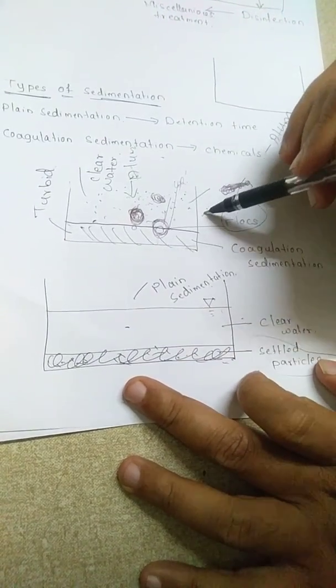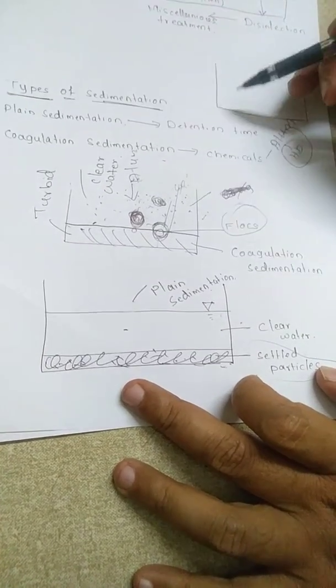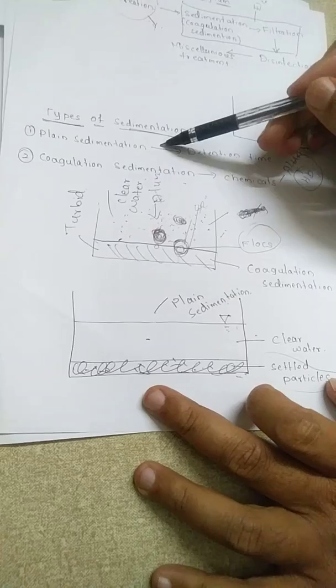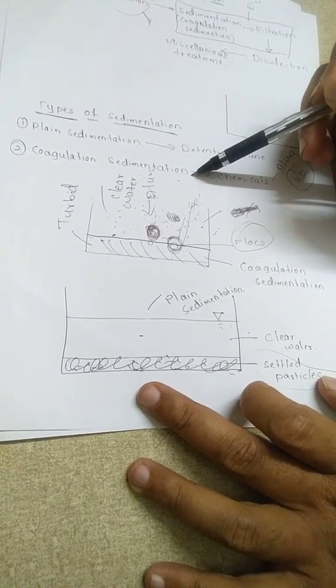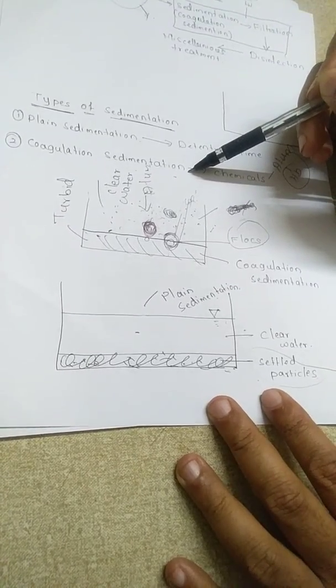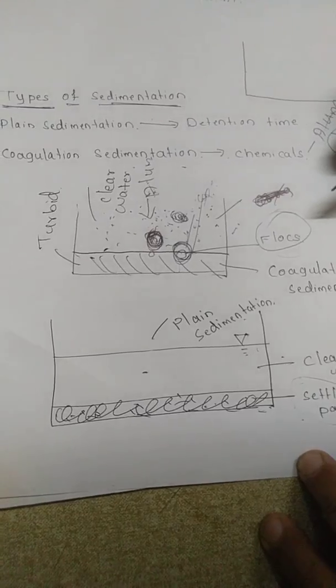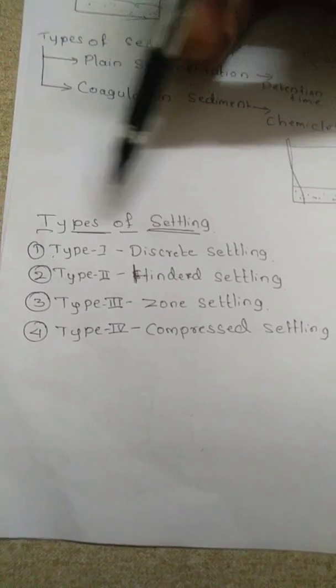This is also going to be asked in your exam: what are the different types of sedimentation, or explain plain sedimentation, or explain coagulation sedimentation? It will be asked in your exam. So at that particular time you need to give such explanations with the diagrams.